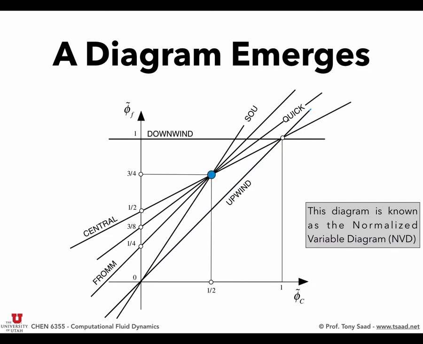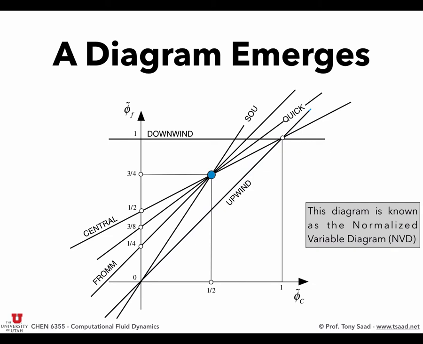That's it. That's the power of normalization. We can always go back. We're going to have to go back to the non-normalized space to compute actual functions. But in the normalized space, it's so much easier to reason about monotonicity. Okay, so we're going to plot phi tilde f versus phi tilde c.